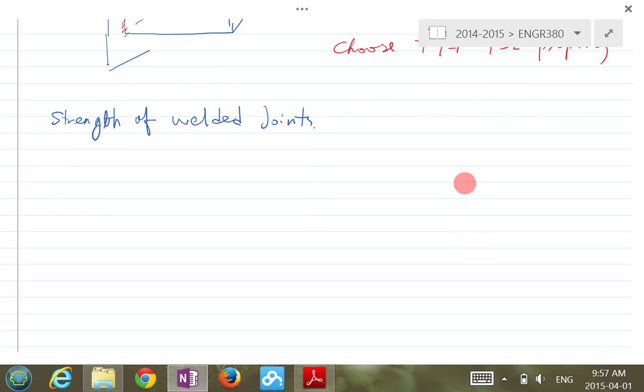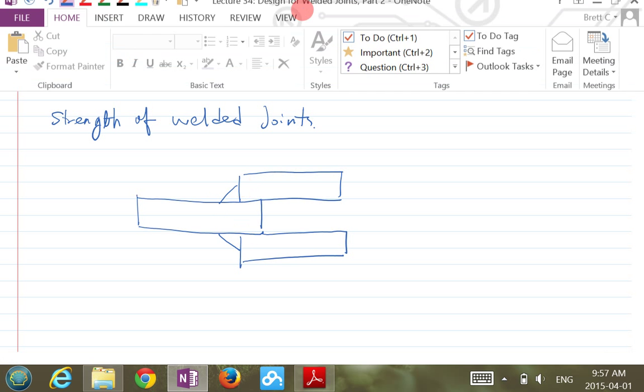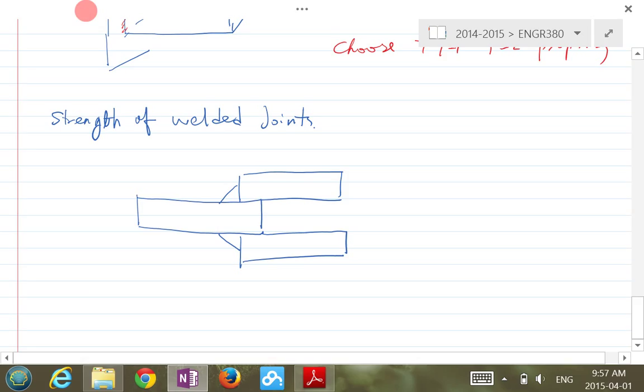Now this one is a little bit tricky here. Sometimes the textbook is not very consistent, but I wanted to be clear as to what we do. So let's say this is the fillet welds here, right? This is fillet welds.